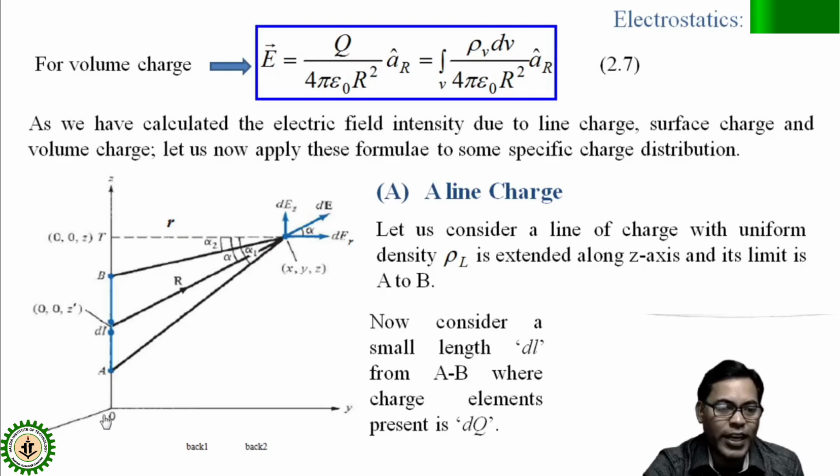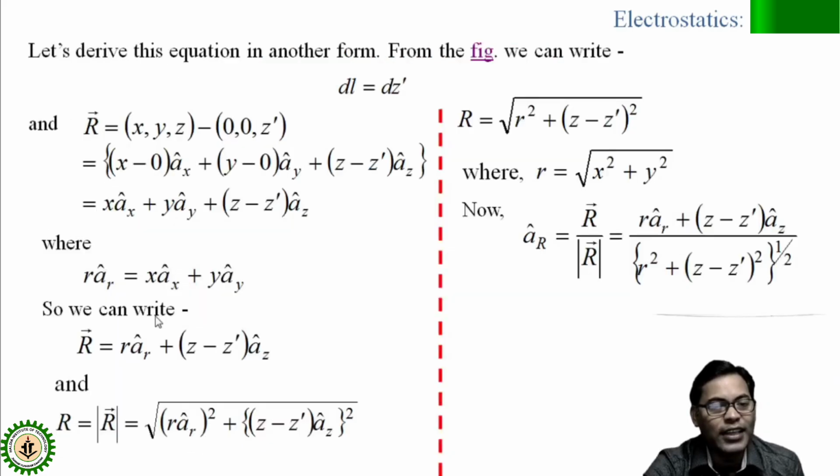So actually we are getting x ax plus y ay, that means we are getting the radial distance on the xy plane. So we can write that x ax plus y ay can be written as r ar. If you remember the cylindrical coordinate system, from that we can find r. So small r ar equals x ax plus y ay.